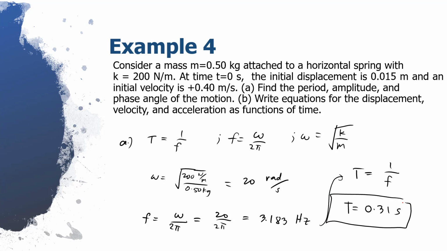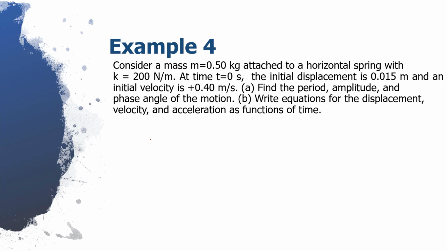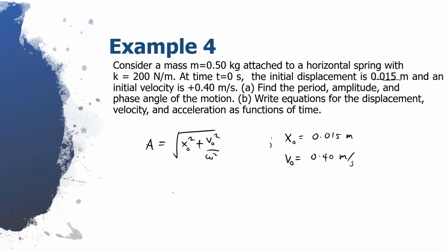How about the amplitude? Amplitude is equal to square root of x naught squared plus v naught squared over omega squared, where x naught is your initial position, which is given at time equals 0. The initial displacement is 0.015 meters, and the initial velocity is 0.40 meters per second.